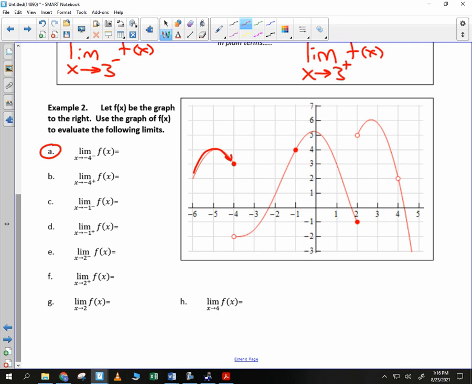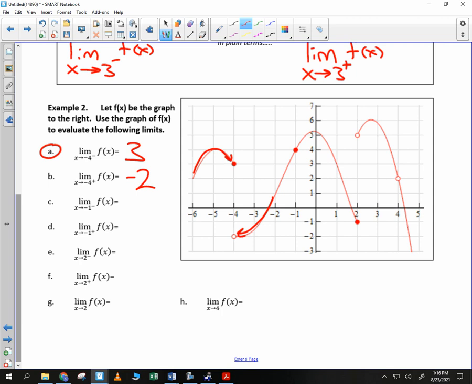What's that height approaching? 3. Now I'm going to approach negative 4 from where? From the right. As you approach negative 4 from the right, what's that height approaching? Negative 2. See how it's different from the right than it is the left?